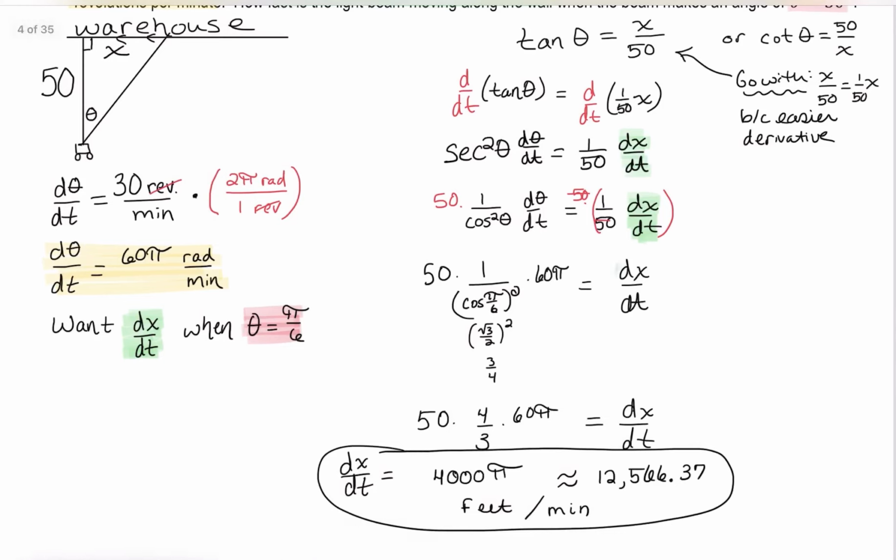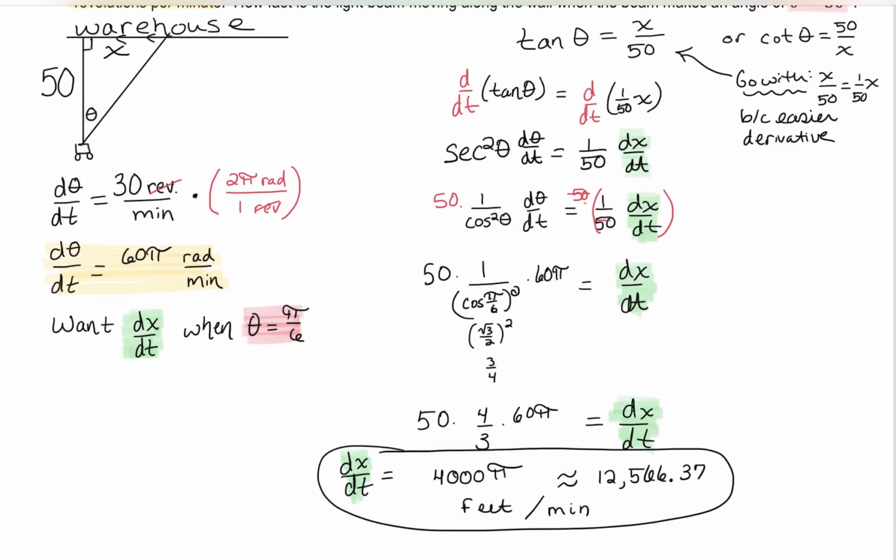All right, so that's our dx dt that we were looking for there. And then if they wanted you to convert into feet per second, you would divide by your 60 seconds.